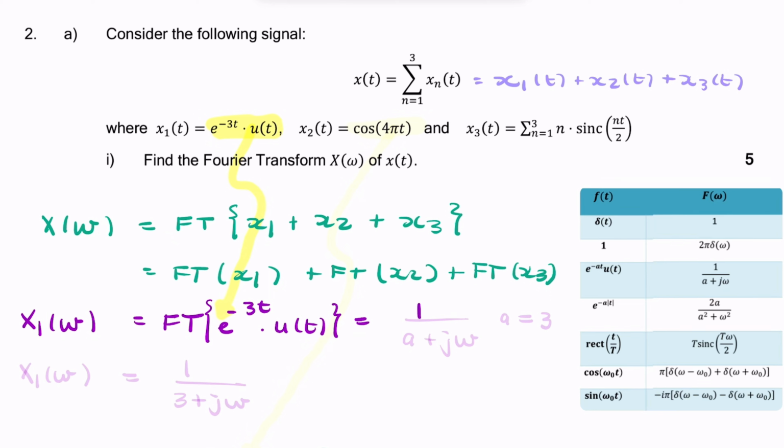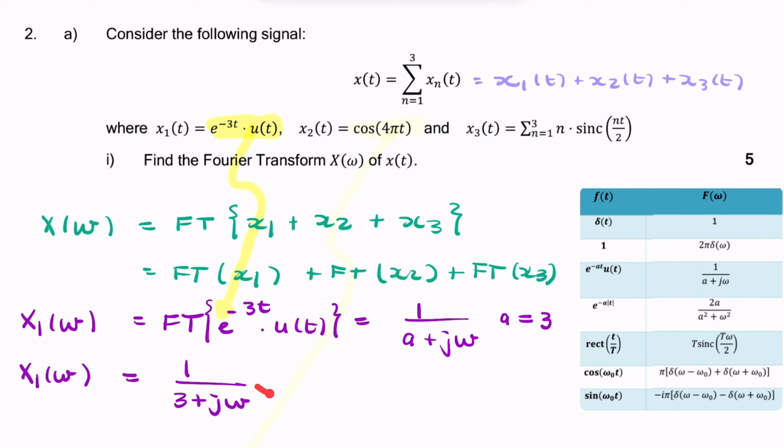So we can write the answer as simply 1 over a plus j omega, where a in this case is 3, the coefficient of t. So we can say x1 of omega is 1 over 3 plus j omega.